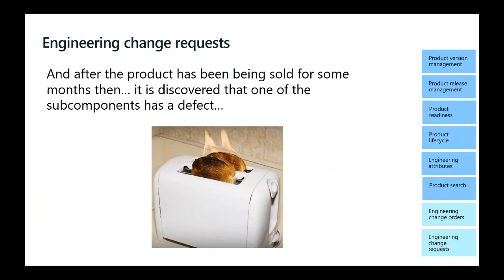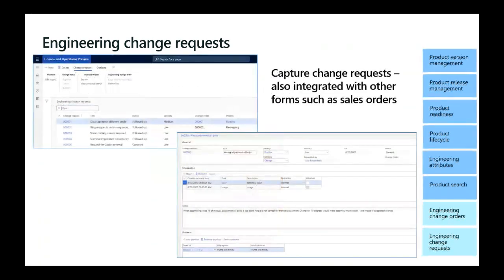And finally, we have the way to keep track of changes in products. And how is this done? So imagine the case that a product has been sold for some months and then a subcomponent has a defect.